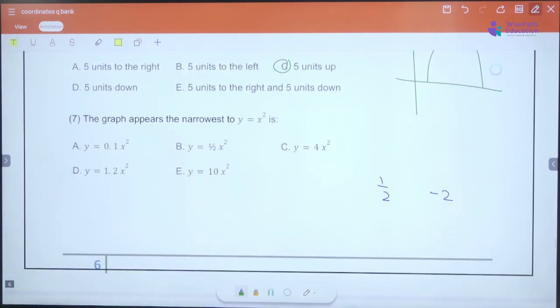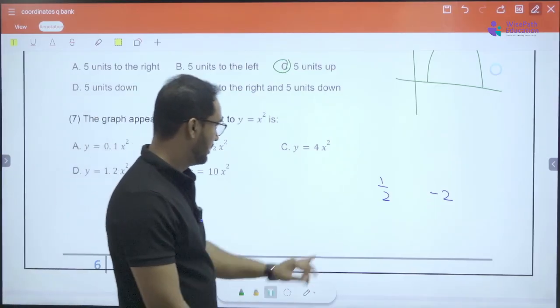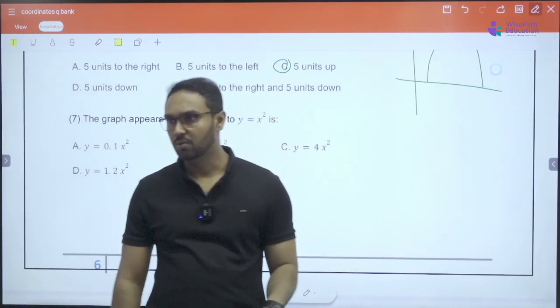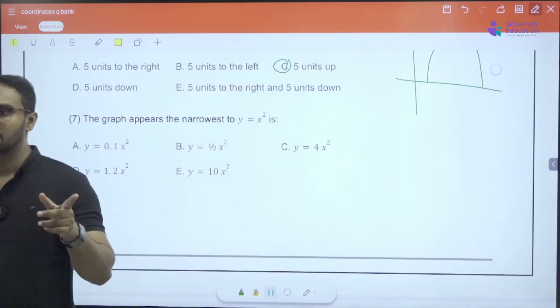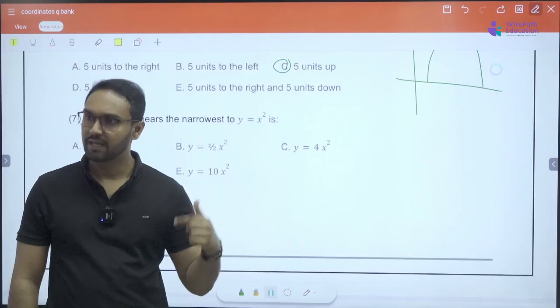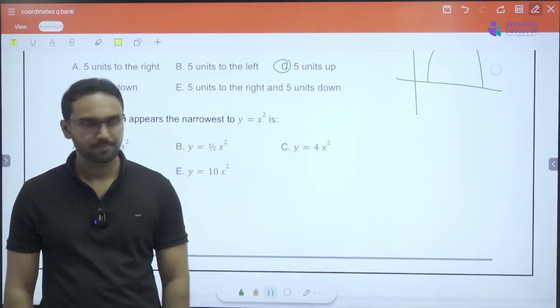The graph appears the narrowest to y equals x square is... As I said, මොකක්ද වෙන්න ඕන? ඔව් ඒ කියන්නේ දෙපැත්තට යන්නේ. A වල value එක වැඩි වෙනවා නම් narrow වෙනවා. A වල value එක අඩු වෙනවා නම් broad වෙනවා.